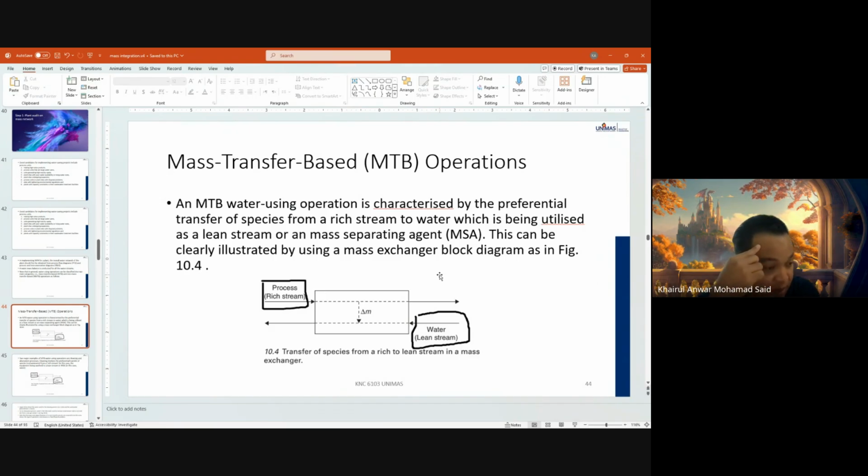In the mass transfer based, or MTB, case, the water will act as a solvent or the mass separating agent, like the sponge that I explained before, to pick up the impurities. This is also called a fixed flow rate operation. Another one is the non-mass transfer based, NMTB.